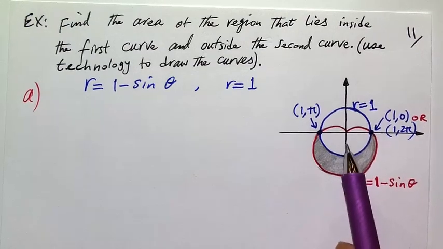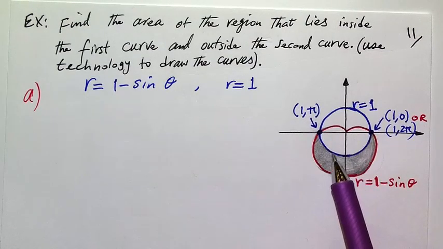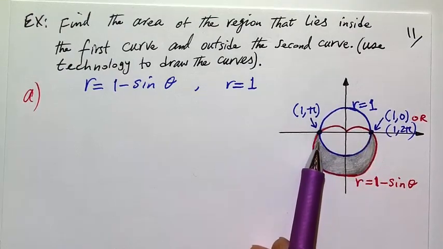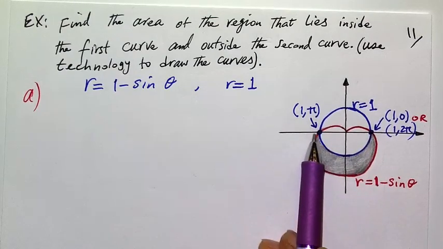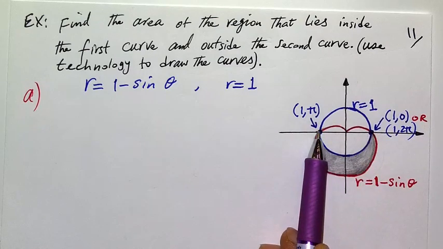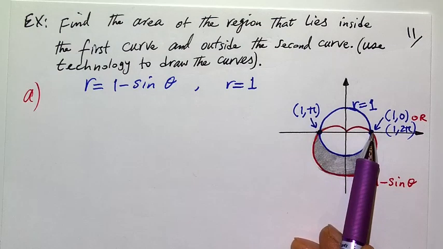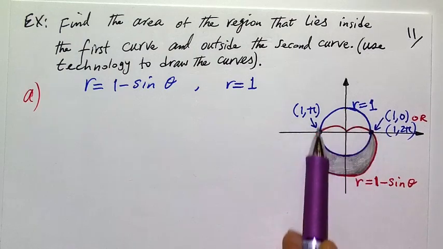Notice that this point, you can call it either 1, 0 or 1, 2 pi. The limits of our integration will have to go, because the shaded region is from here to here, not from 0 to pi, but from pi to 2 pi. So 0 to 2 pi would be up there.